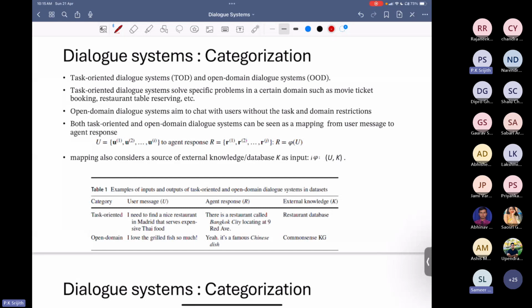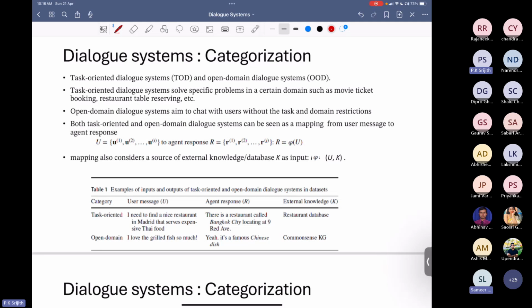So these can be considered under task-oriented dialogue systems, while open domain dialogue systems are generally used to chit chat. Nothing specific to any particular domain, but in general you want to chit chat with these conversational agents, which can be classified as open domain dialogue systems.